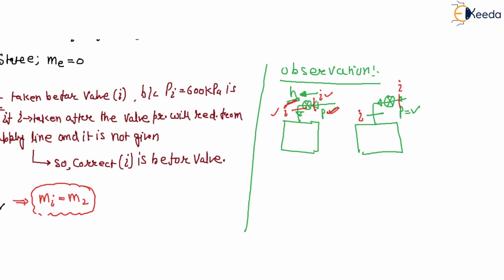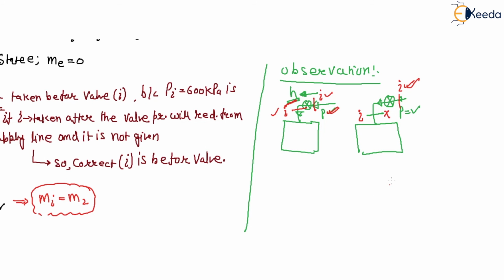Why? Because enthalpy before throttling is the same as enthalpy after throttling, right? But if there is a pressure, the pressure before throttling is given as P, and after throttling it is less than the given value. So if there is no information about the lower pressure, how can you select this i section? So the proper selection of i is before throttling.